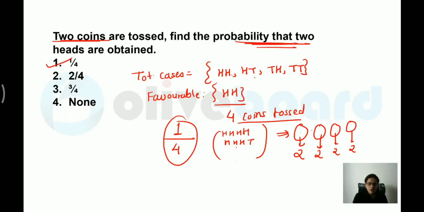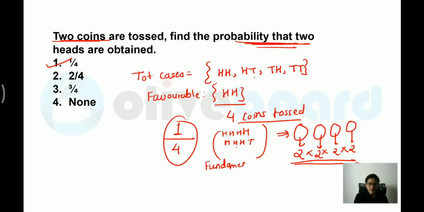Now I am tossing all of them together, at the same time. So you have to multiply these values. Whenever an event is occurring simultaneously or at the same time, you have to multiply all the values. This is called the fundamental principle of multiplication.